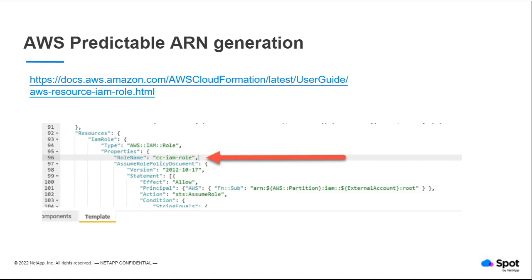So one of the things to add when we're generating credentialing for a lot of accounts, consistency is key. And to help with predictable ARN naming conventions, what we can add to the properties value is something like cc-i, the role name, cc IAM role.